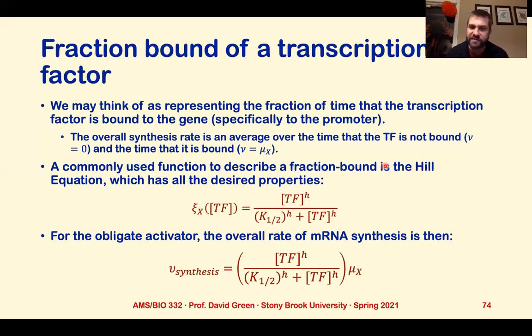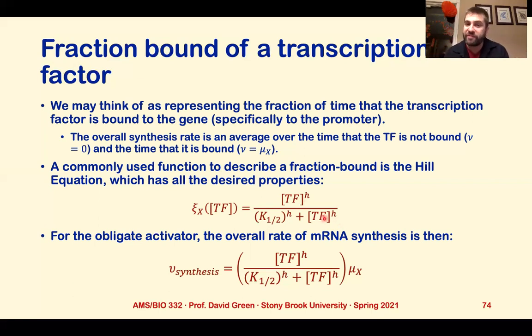This is the Hill equation shown here. It has all of the desired properties. When the transcription factor concentration is 0, we have 0 over a number plus 0, which is of course 0, so it has the correct low limit.